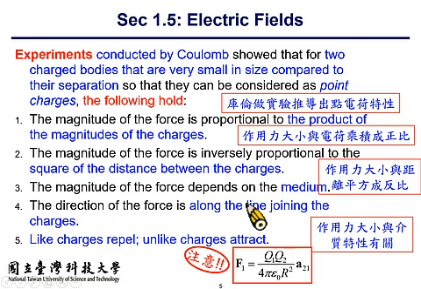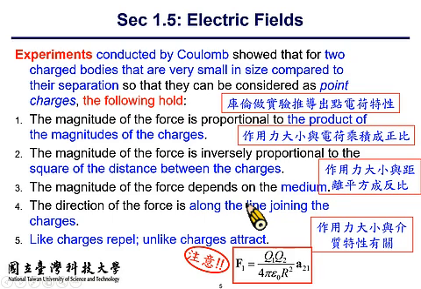All right, and so this slide summarizes a few findings concluded by Coulomb. It's referred to as Coulomb's law because he made a bunch of experiments, and he brought up some observations and ended up with this relationship that governs the electric force due to the presence of electrical charge.